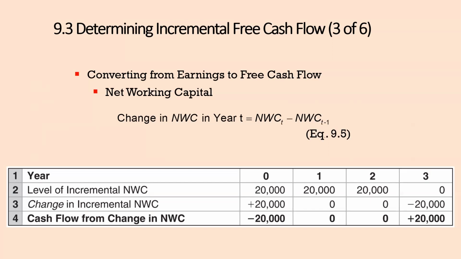So you see in year 0, you have the level of incremental NWC at 20,000. Change in incremental NWC, you have a positive 20,000. Cash flow for change in NWC, you have a negative 20,000.